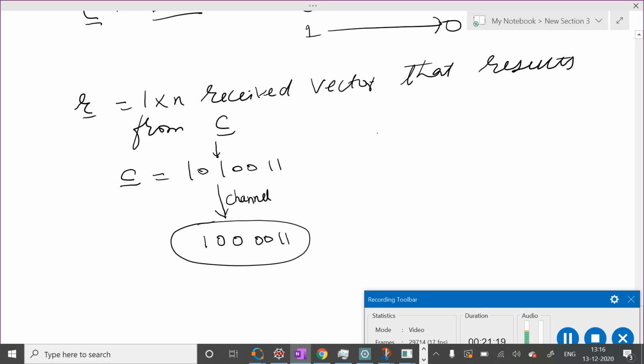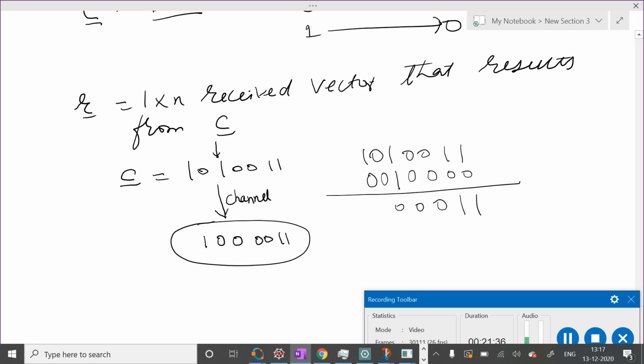How is this error realized mathematically? It is as if this code word got added by this message 0010000 and you XOR it, right? You see, the XOR of these two is this errorful message. This particular sequence of bits, where we put 1 only at the location where the error has occurred, is called the error pattern or error vector.